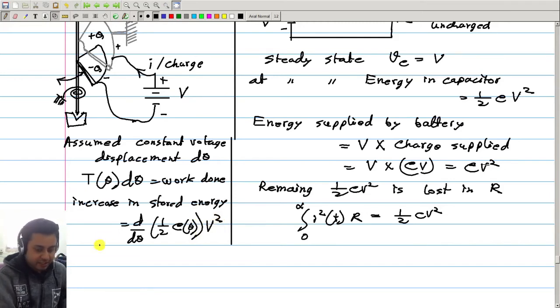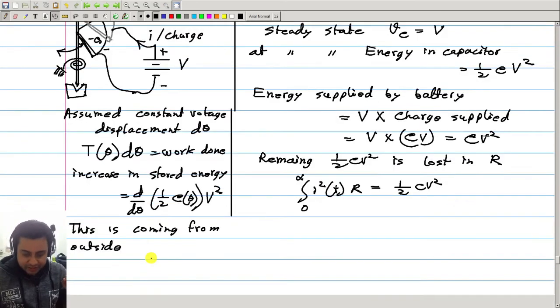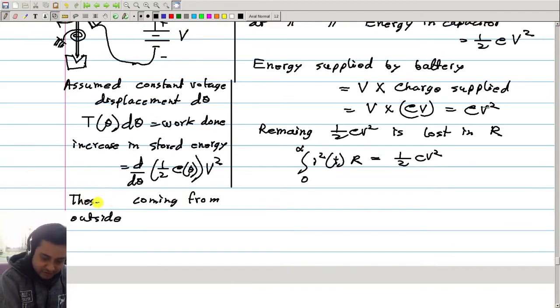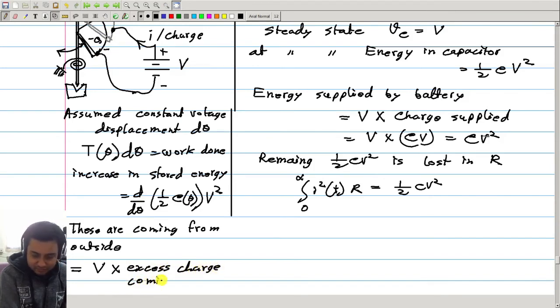Okay, and so this is the increase in energy, and this is coming from outside, and this should be equal to the voltage between these two points, which is constant, multiplied by the excess charge coming here.